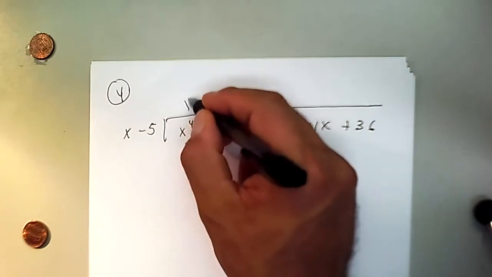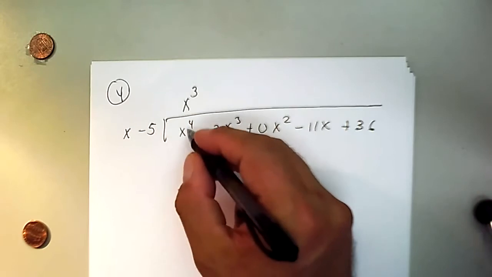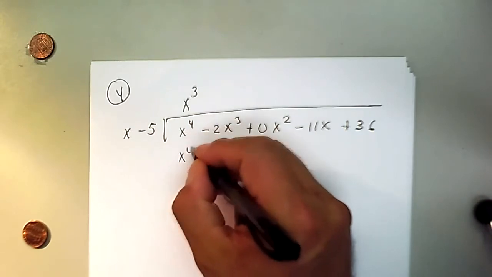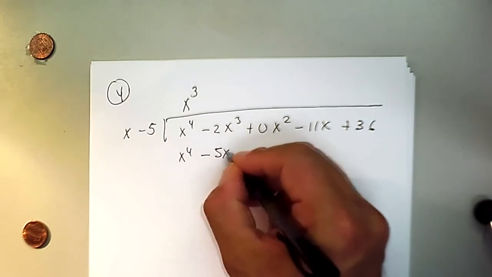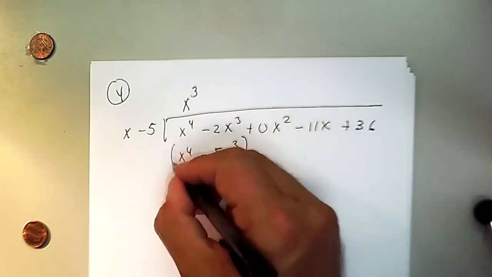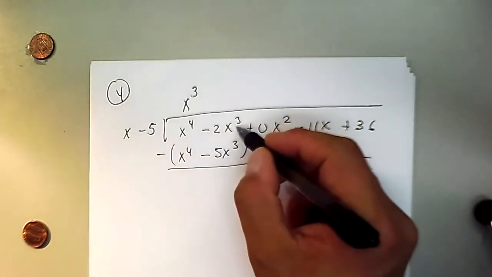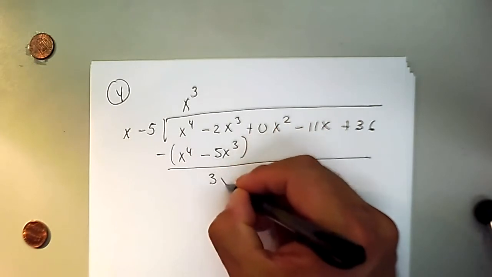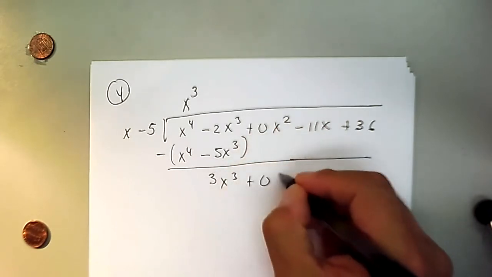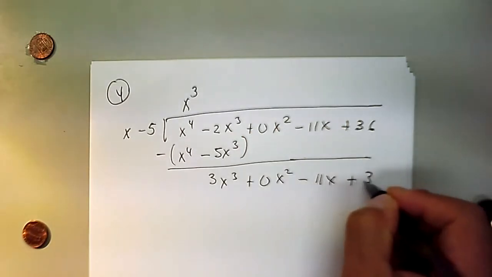So, we got x cubed. And then we have x to the 4 when we multiply, and then minus 5x cubed. And then we subtract as we did. So negative 2 plus 5 is 3x cubed, no x squared, minus 11x plus 36.